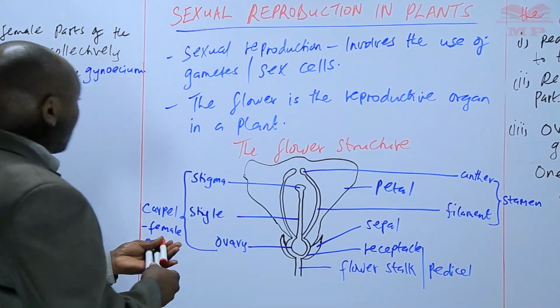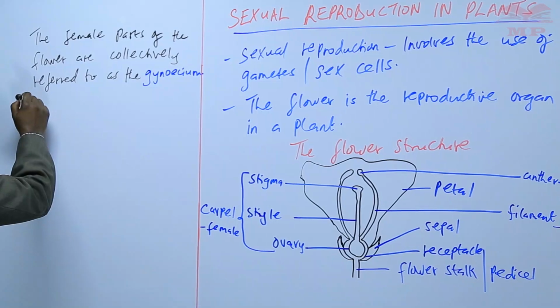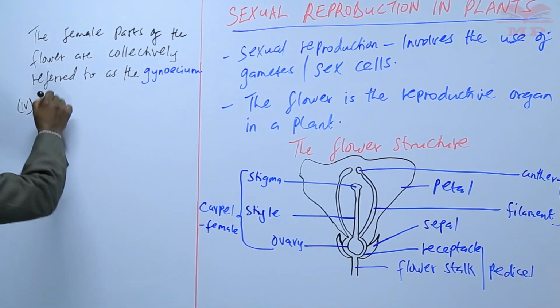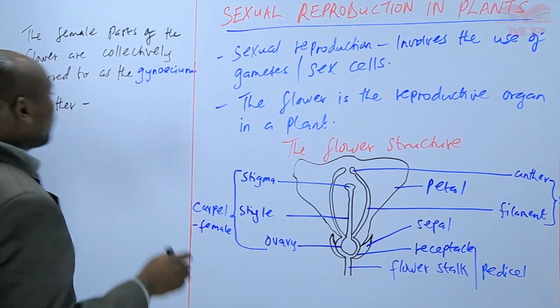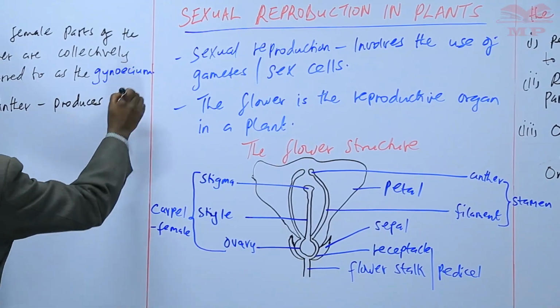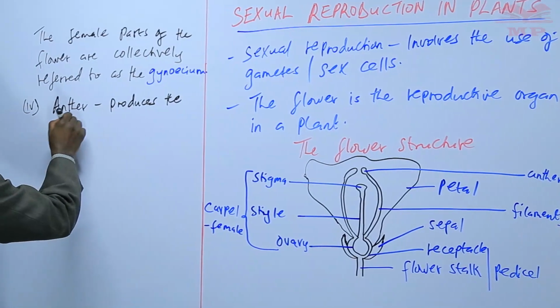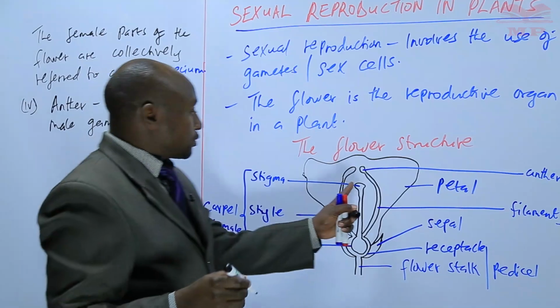So we'll go to number 4 and look at the anther. And that is the part that produces the male gametes. That is the part that we have here.